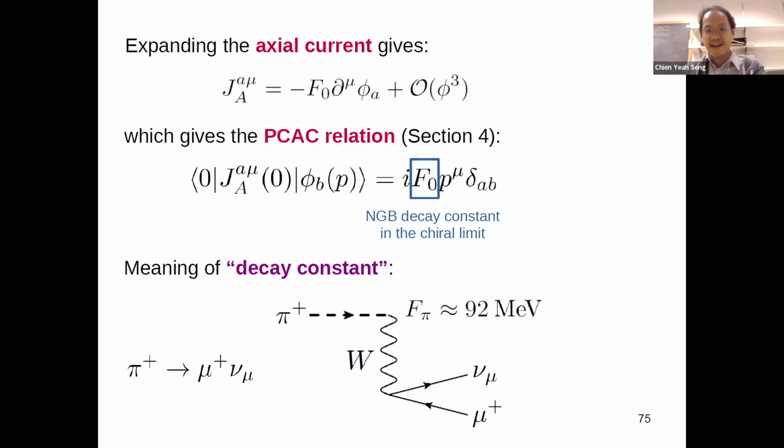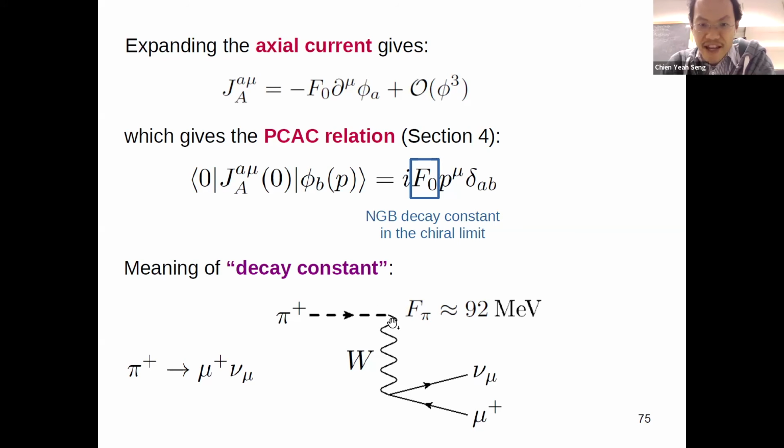Why it's called a decay constant is because if you consider some leptonic decay of the Nambu-Goldstone boson, for instance, the decay of the charged pion to a muon plus a muon neutrino, what happens is that the pion fluctuates to a W boson, which then decays to a lepton pair. And this fluctuation matrix element is exactly this one because the W boson couples to an axial current.